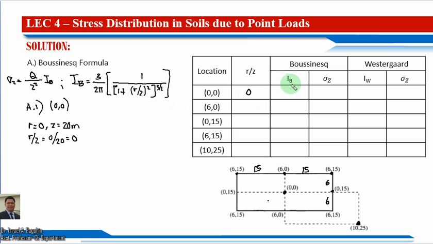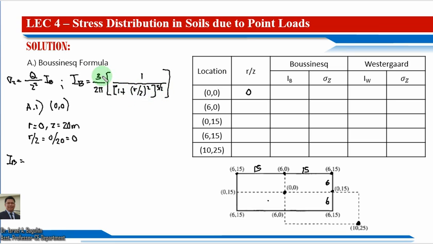And then we are going to calculate the influence factor, I sub b. We will use this formula. So our I sub b is equal to, if this is 0, then this is 1 raised to the 5 halves, still 1.